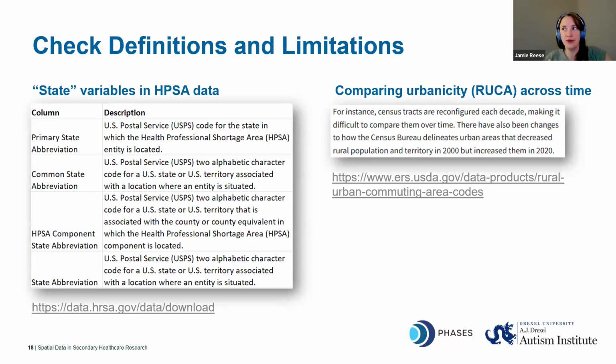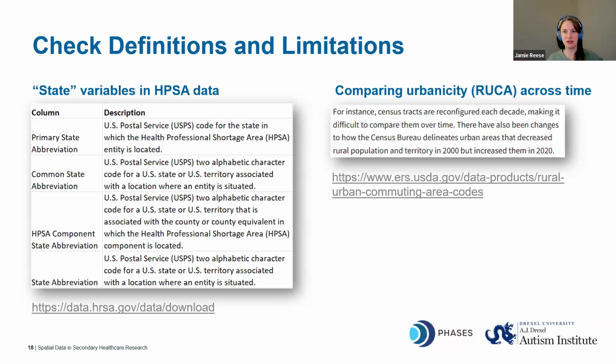A lot of times you'll download data from an external source and there will be multiple variables that have information that looks the same, it's in the same format, and it's the same concept. So in this example, there's like 4 different places in the HPSA data where the value in that variable is going to be state. If I were to join based on state to my research data, it's very possible that I'm joining to the wrong field. So I just want to really make sure that I'm joining to what I think I'm joining to.